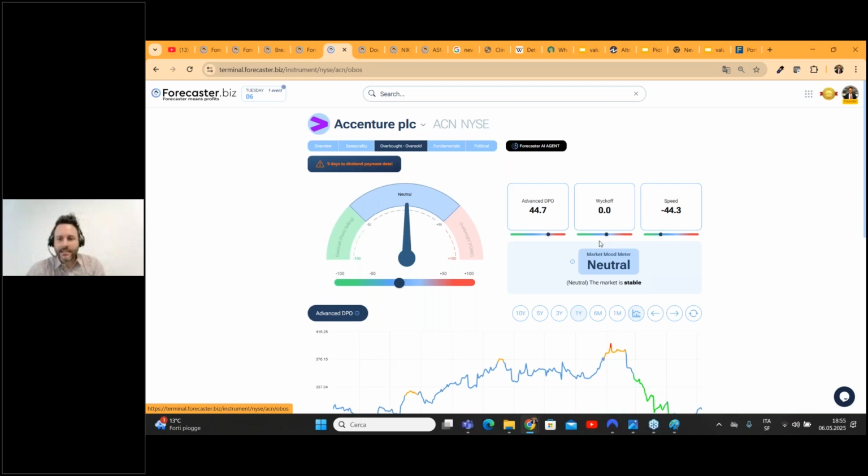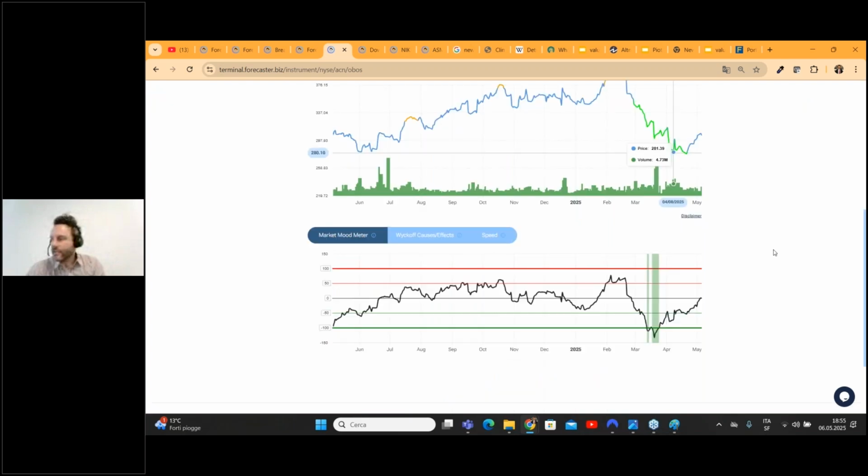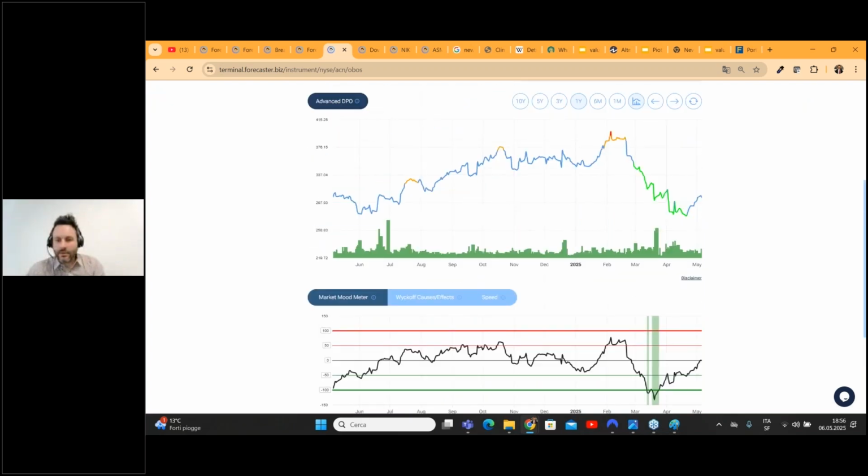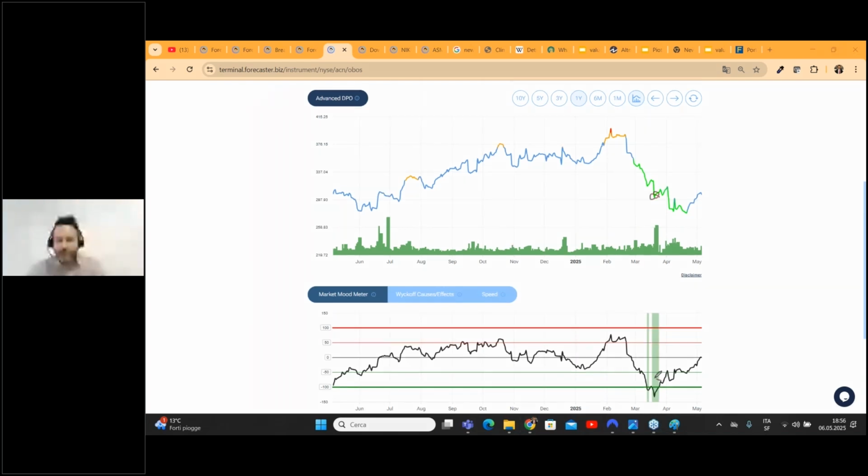And in this case, as you can see, it's very interesting because look, here we had a very important low with the indicator, the Market Mood Meter, that told us that we were in a panic selling mode. Then prices went down, but the indicator gave us a divergence. And here we have the confirmation the trend has changed because the indicator crossed the zero line.